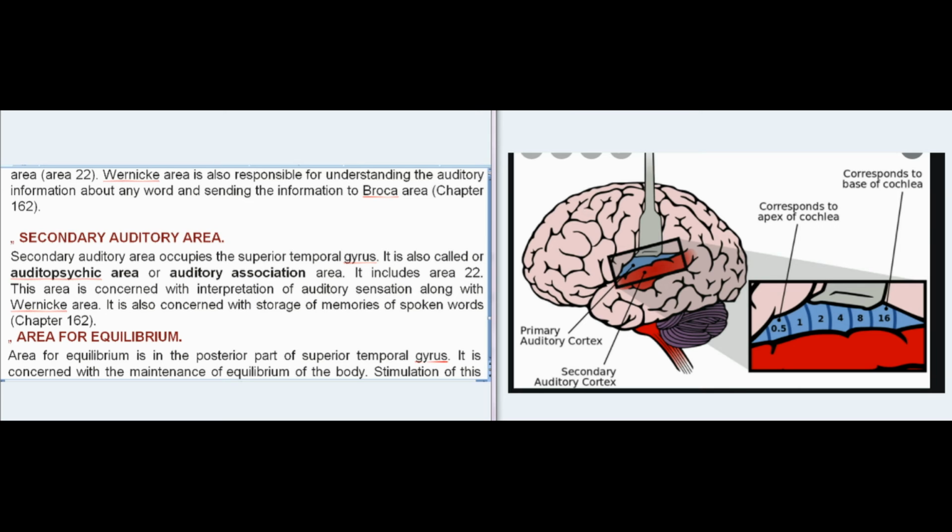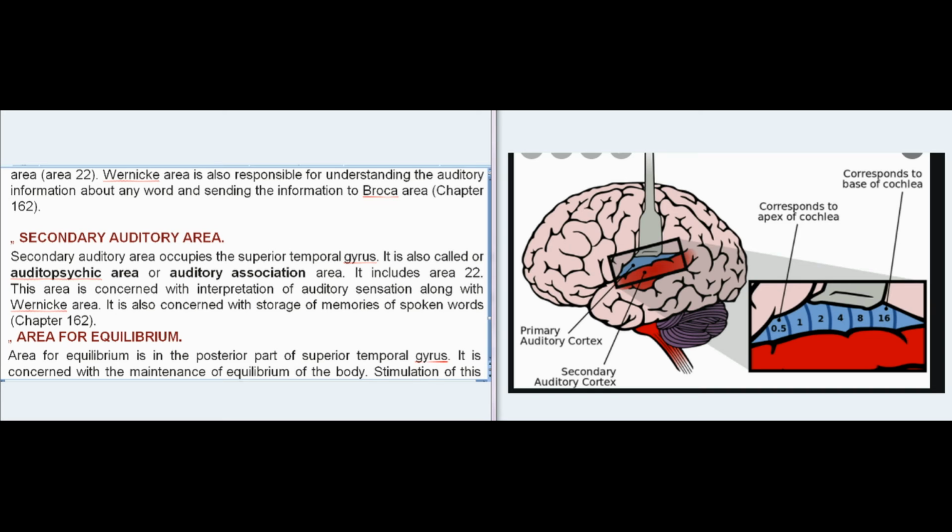Secondary auditory area. Secondary auditory area occupies the superior temporal gyrus. It is also called auditopsychic area or auditory association area. It includes area 22. This area is concerned with interpretation of auditory sensation along with Wernicke area.